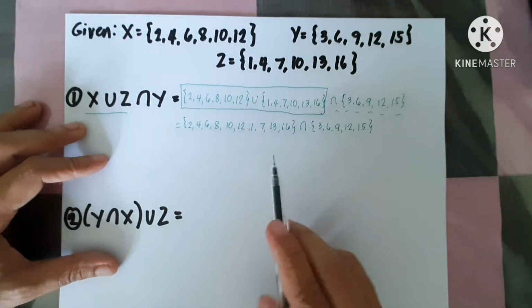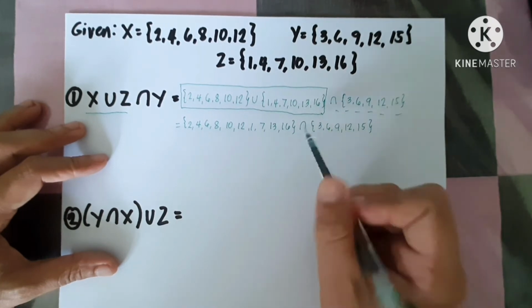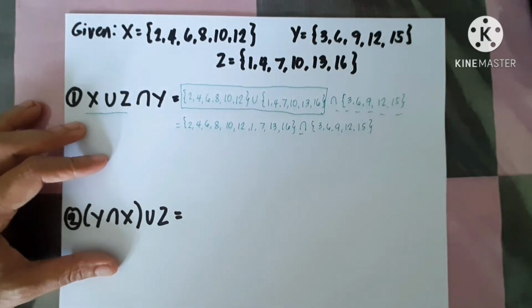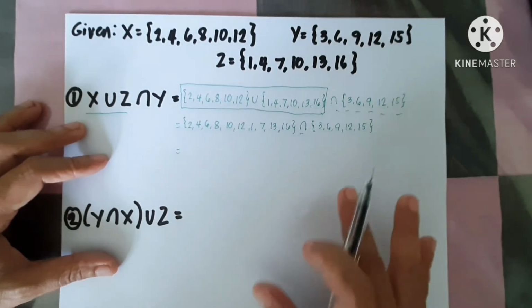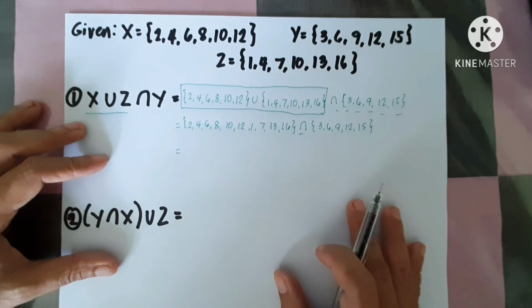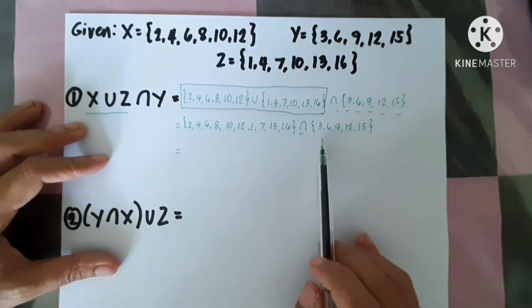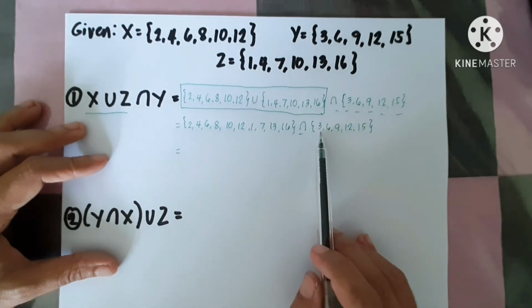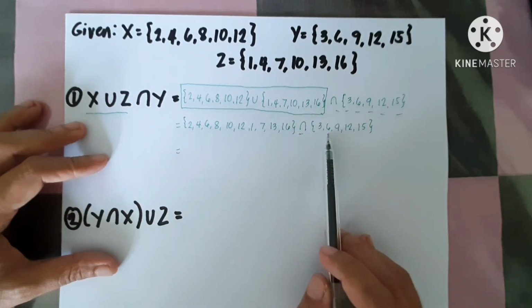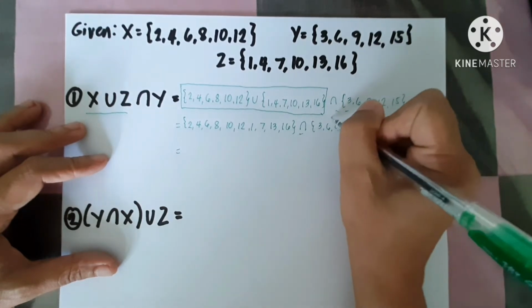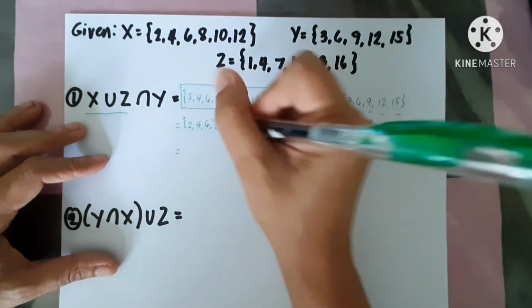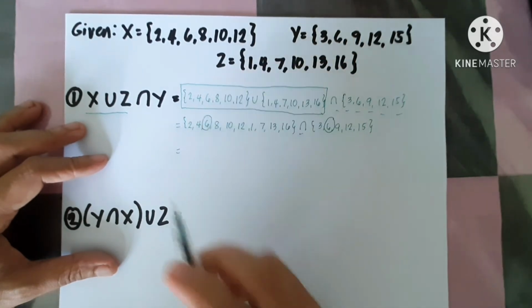So this time, we will now go to the intersection. Remember, intersection means listing down the common elements. So in here, you have to check unsa nga element ang naa sa ilang duha. If you check, 3 is not there, but 6 is. I will encircle para mailhan nako kinsay naay common.